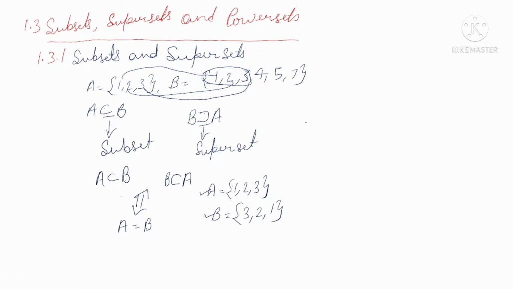And if A is not a subset of B, for example, if A equals 1, 2, 3 and B equals 4, 5, 6, so now here A is not a subset of B, so we represent this one by this symbol.